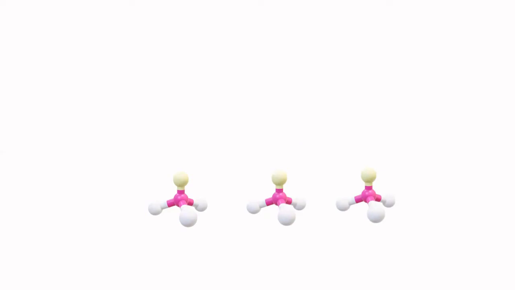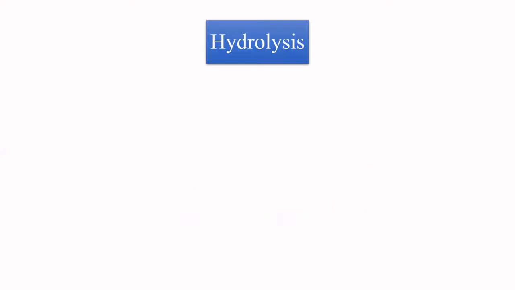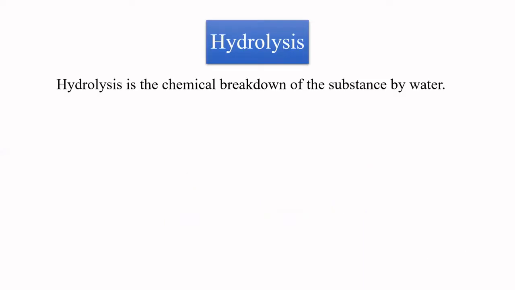That is, we will get our monomers back. This is a reaction where a large molecule, your polymer, has broken down because of water. This process we call hydrolysis. So in short, hydrolysis is the chemical breakdown of substances with the help of water.